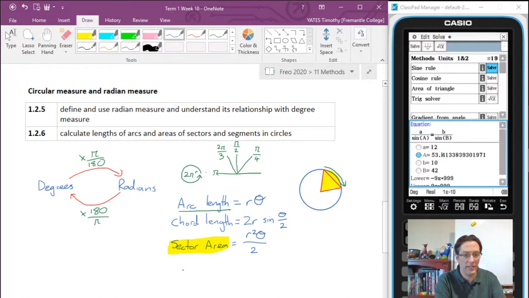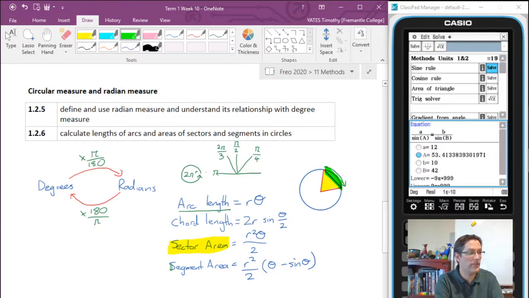The last one is our segment area, and our segment area is a bit more complicated. It is r squared on 2 theta take sine theta. Let's just highlight that there.